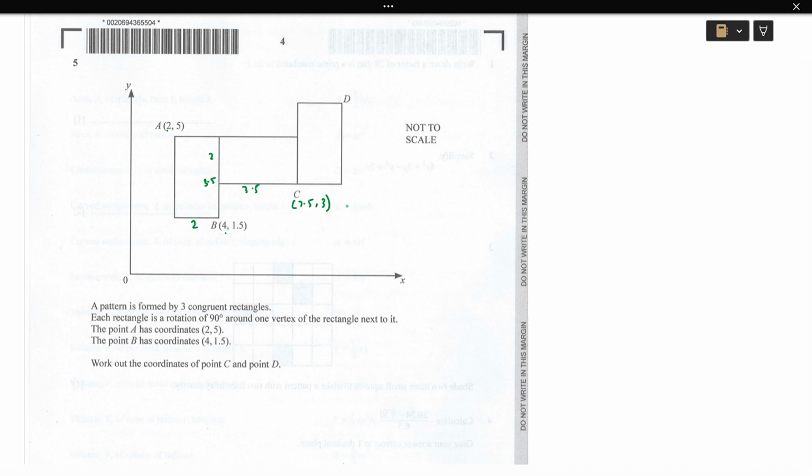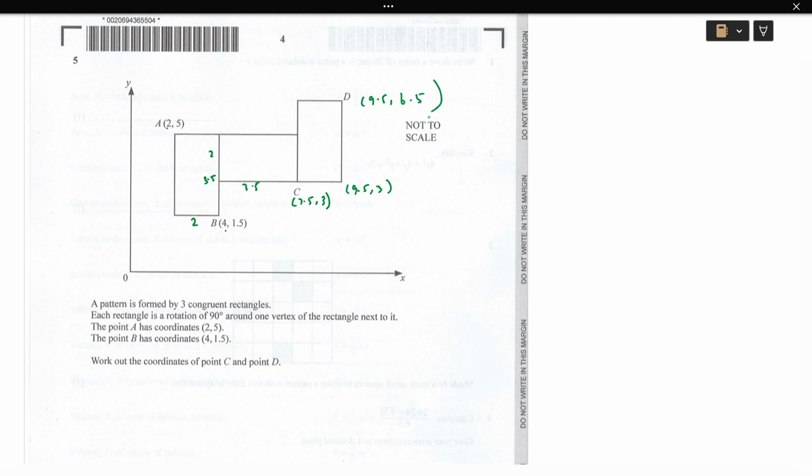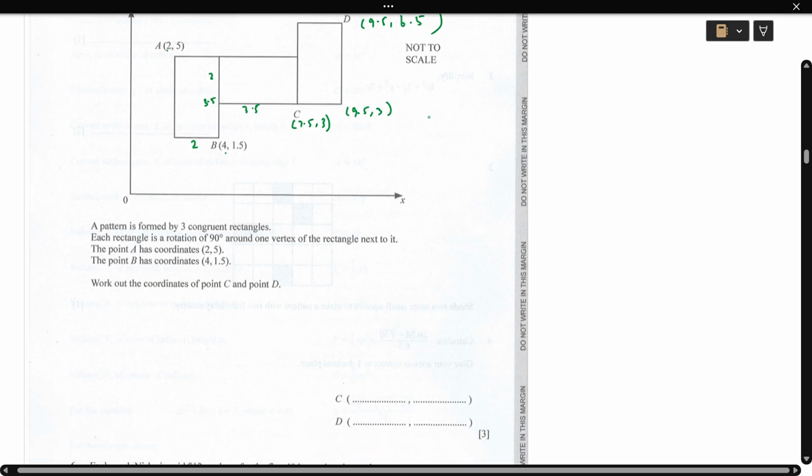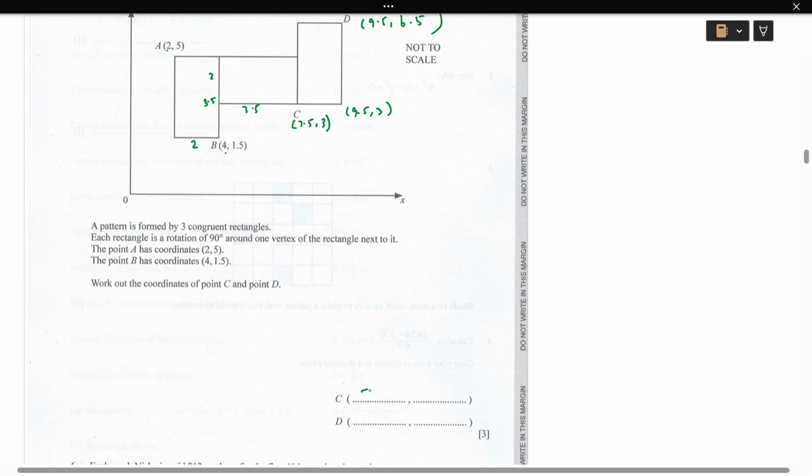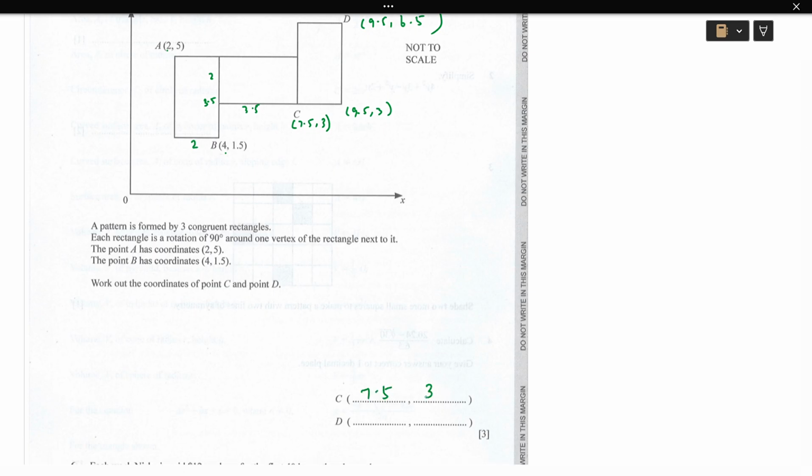Next here this is 7.5, so when we make it 2, this is 9.5 comma 3, then this 3.5, so 9.5 comma 6.5. So we got C coordinate and D coordinate. C is 7.5 comma 3 and D is 9.5 comma 6.5.